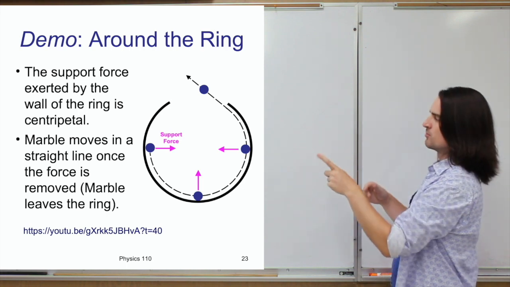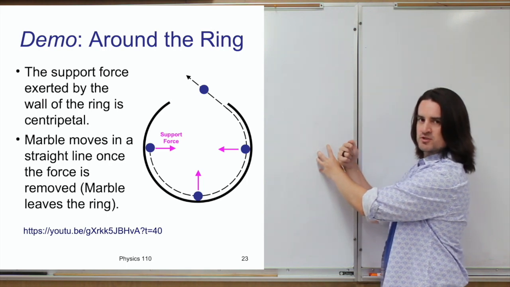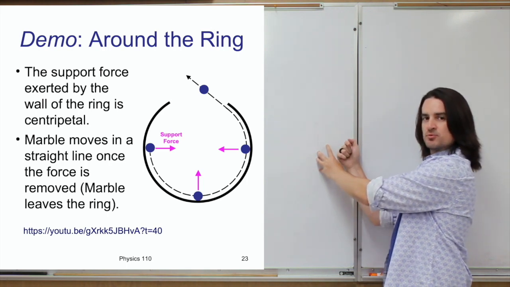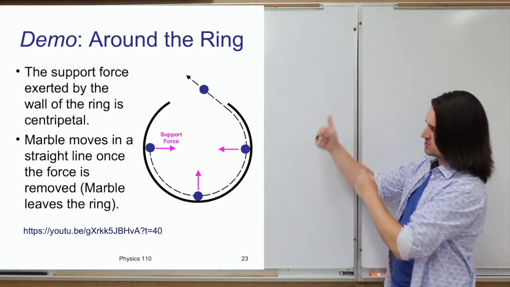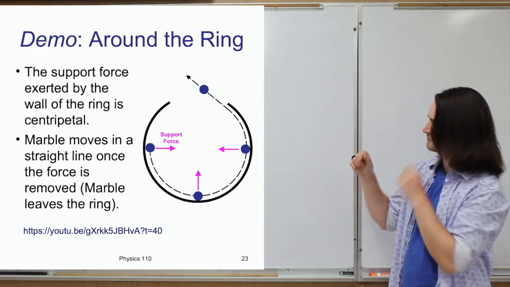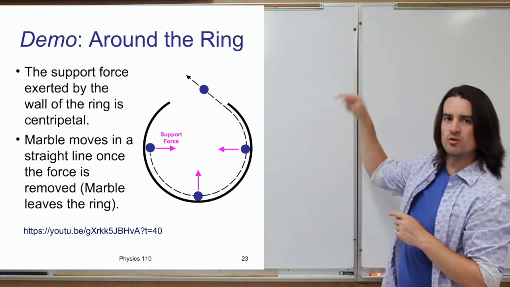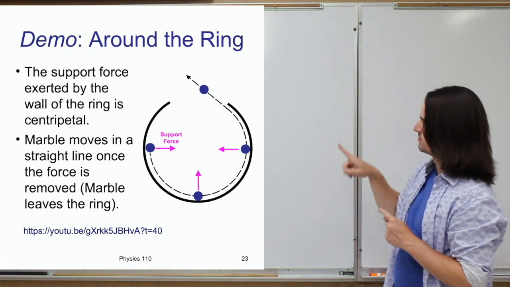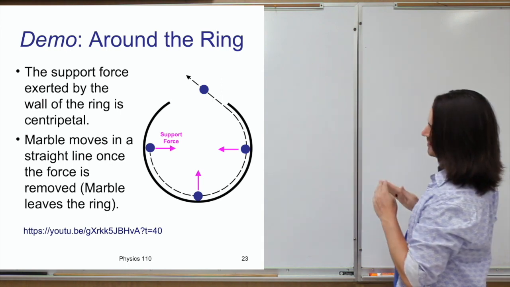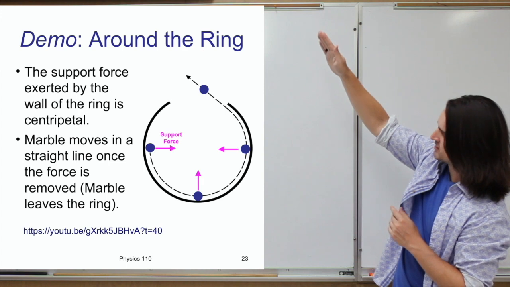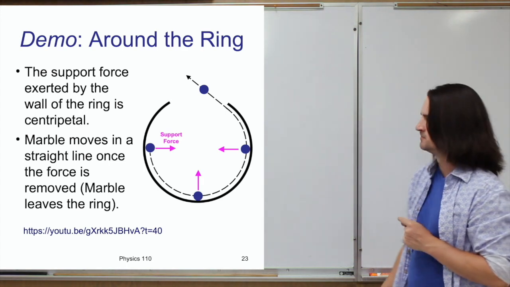So in this case, the marble is going to press against the hoop, but the hoop is going to push a support force back, and that support force is going to be the centripetal force that's going to cause this marble to keep moving in a circle. Except when it hits that open segment, no more centripetal force, the marble is just going to keep going in this tangential path, right? Like if you were to just draw a line that barely touches the circle right there, that's the direction the marble is going to keep going.